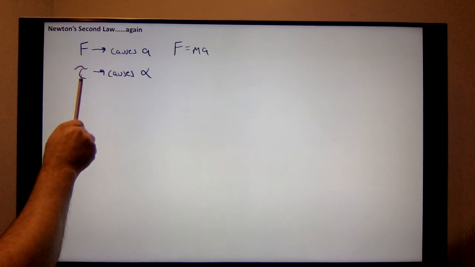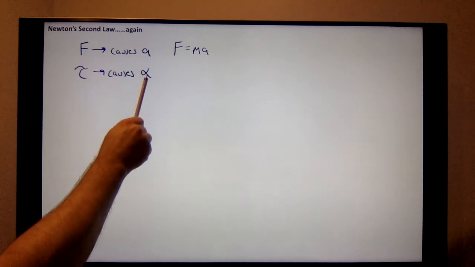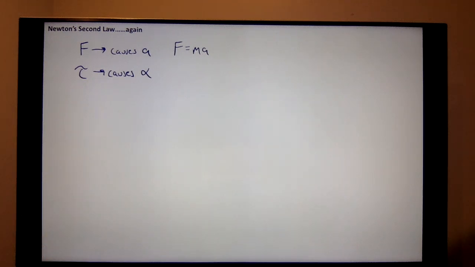We have the angular version of force, the angular version of acceleration. So it makes sense that I'd be able to write a new Newton's second law just using our counterparts in the rotational world. So force becomes torque, and acceleration becomes angular acceleration. And we know that mass switches over to I, the moment of inertia.